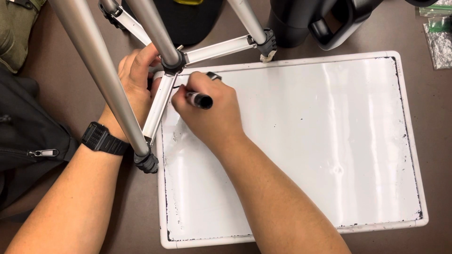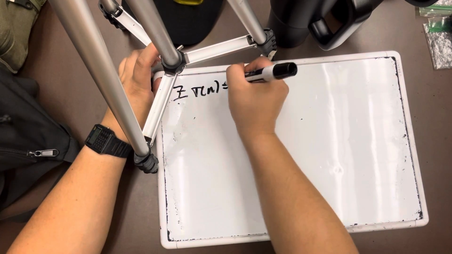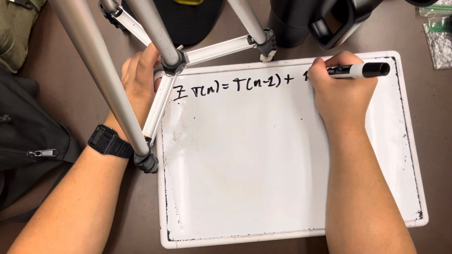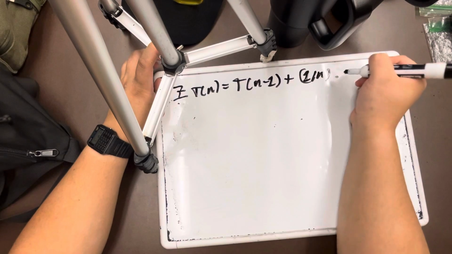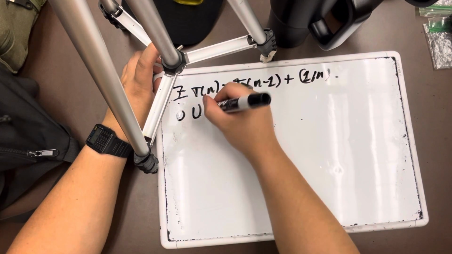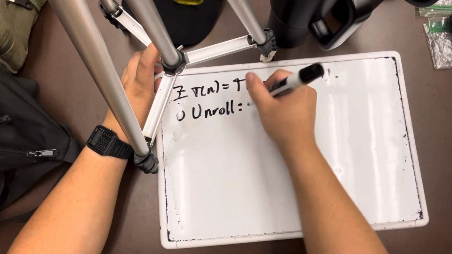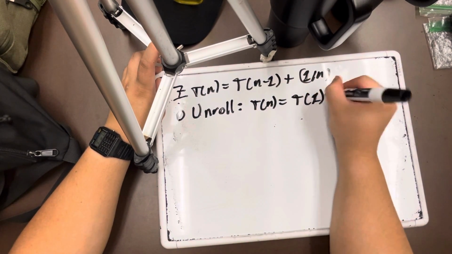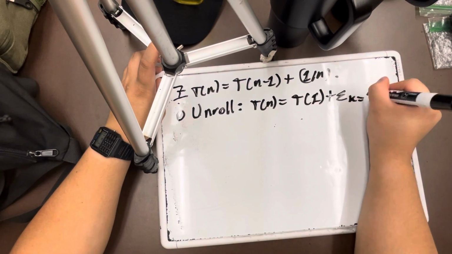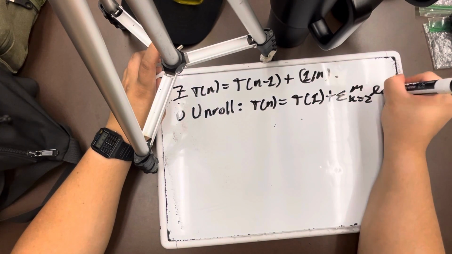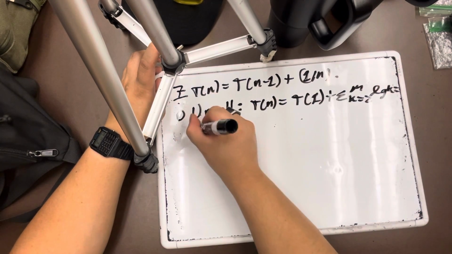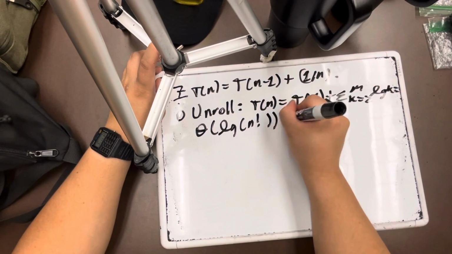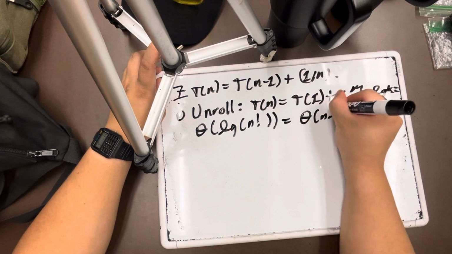So for part 7, T of n is equal to T of n minus 1 plus 1 divided by n. Now, rigorously speaking, we can just unroll this, like I mentioned earlier, to get T of n is equal to T of 1 plus the summation k equals 2 to n of log of k, which is equal to theta of log of n factorial, which is equal to theta of n log n.